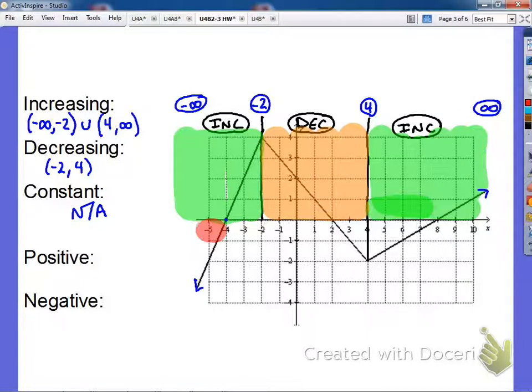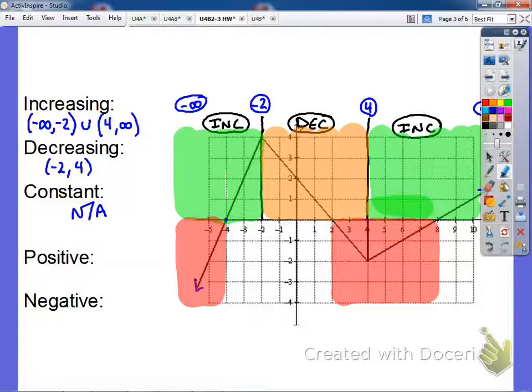Where else is the graph below the x-axis? Where is the graph above the x-axis?